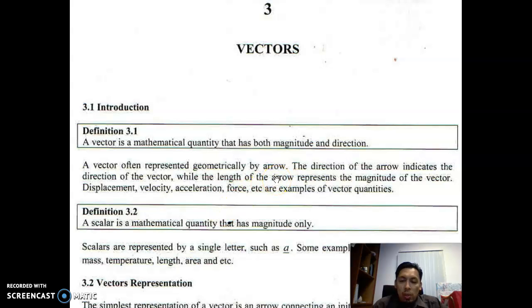When we present the value of that quantity, it only shows us a magnitude. So examples of scalar quantities are mass, temperature, length, area, and so on.